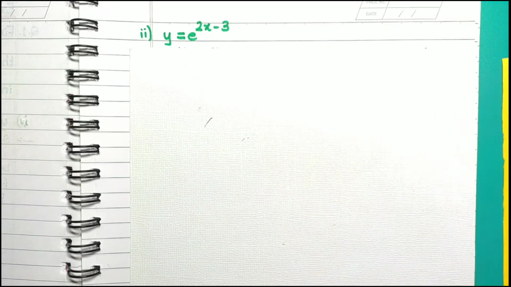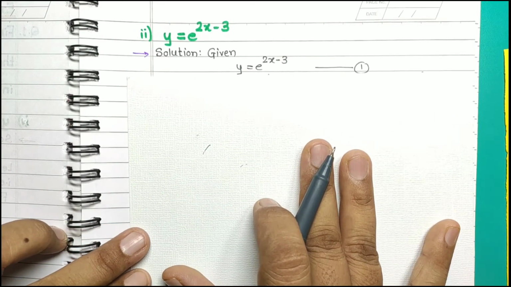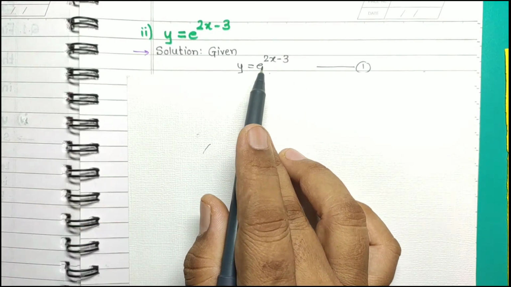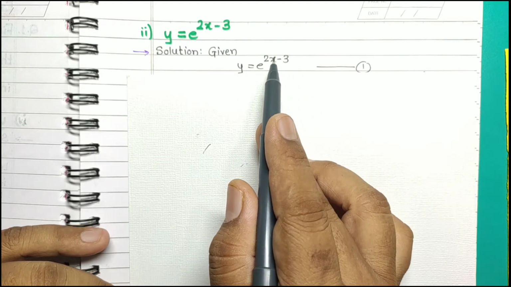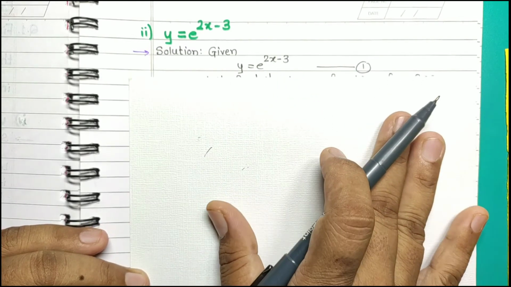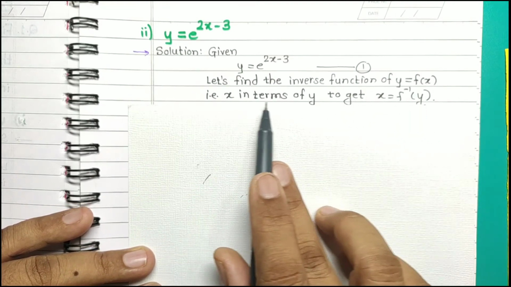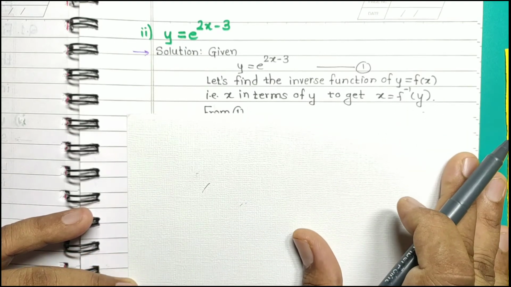So for this, you write down given function, call it as equation number 1. Then we have to find out inverse of this function. So to find inverse, we express x in terms of y, to get x is equal to f inverse of y.